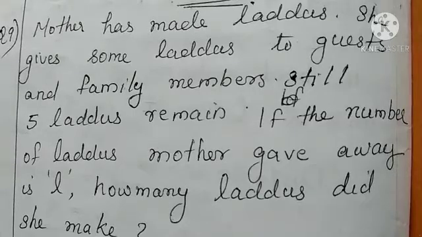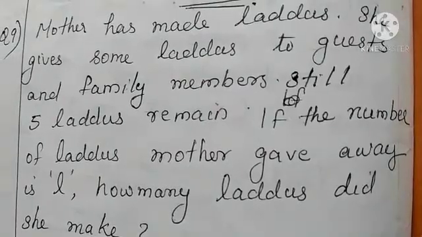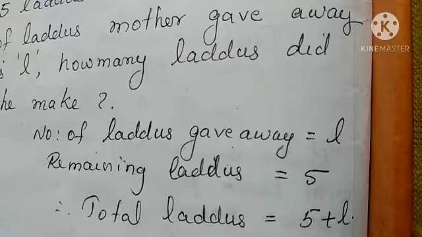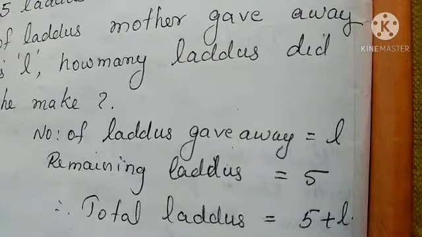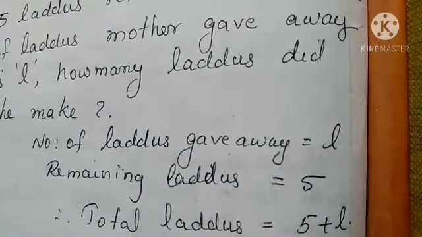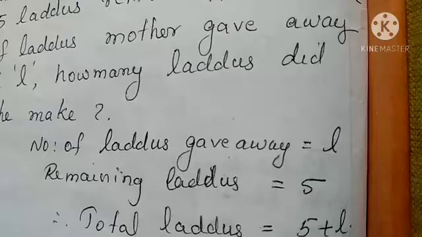So 30 laddus. In this way we can give any value to the variable L. So the number of laddus given away is L, remaining laddus 5, total laddus she made is 5 plus L. So here L is the variable.